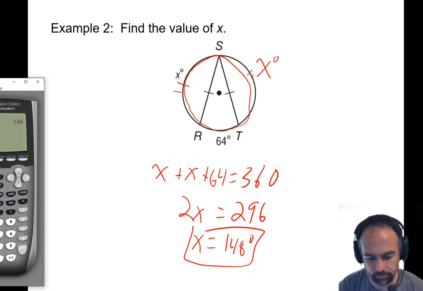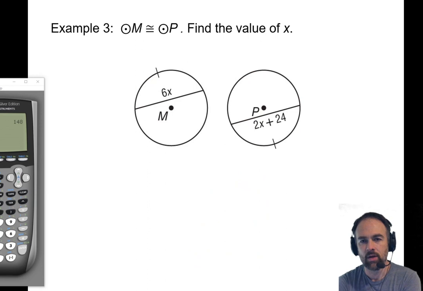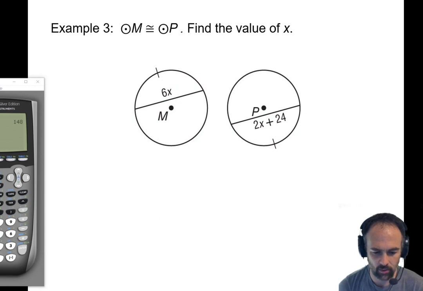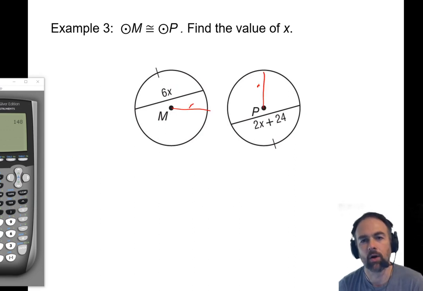All right. Example 3. Circle M is congruent to circle P. Find the value of x. So it tells you that those two are equal to each other. Basically, I'd know that we have the exact same radius on both whenever two circles are congruent.